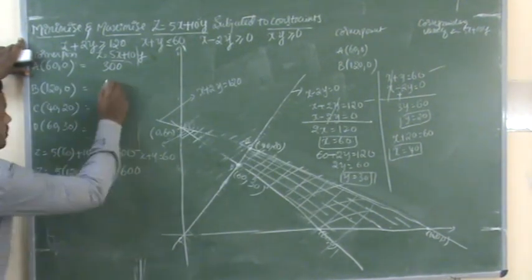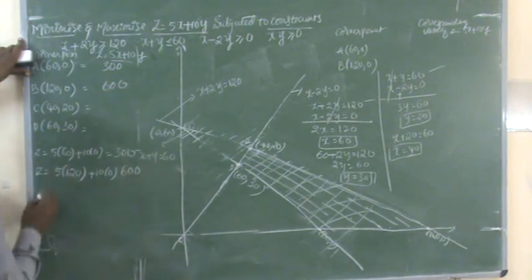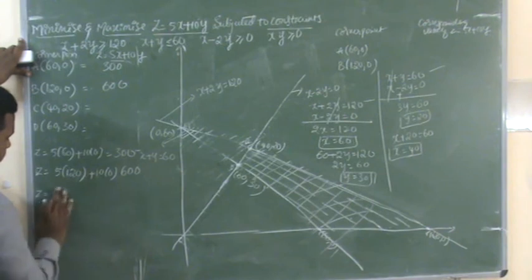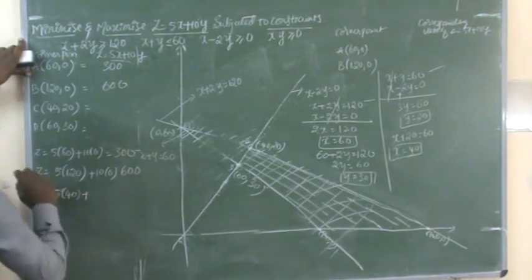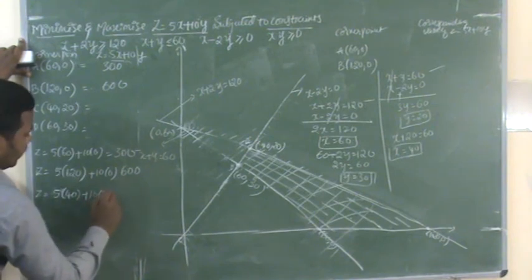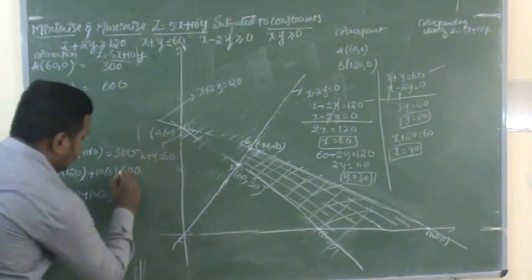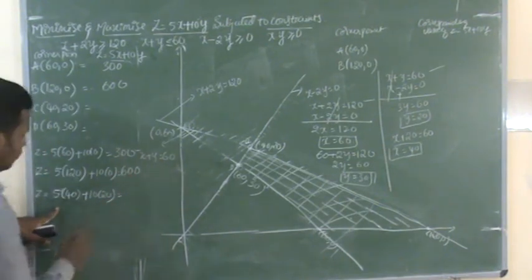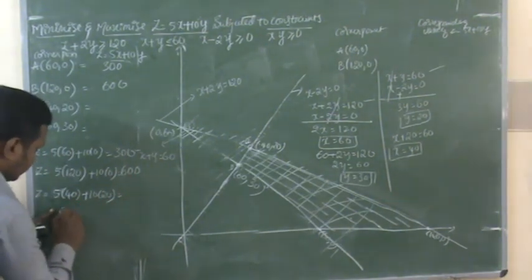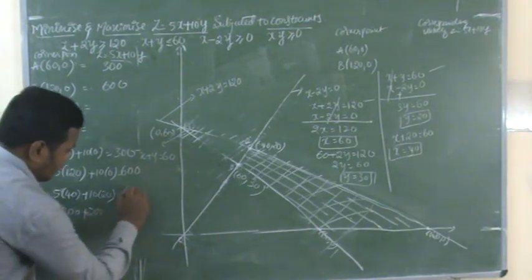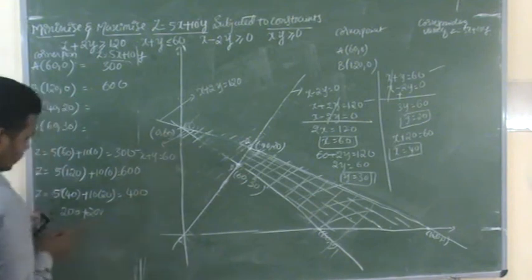Now for the third point, z is equal to 5 into 40 plus 10 into 20, that is 200 plus 200, which equals 400.